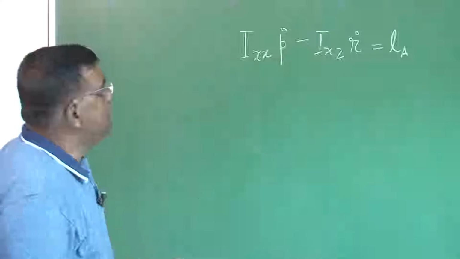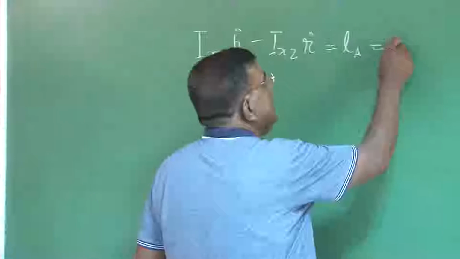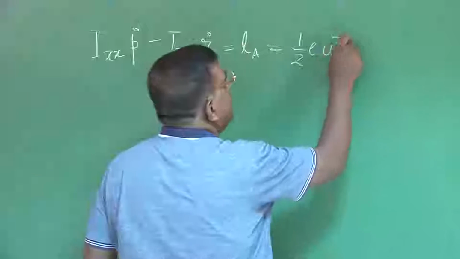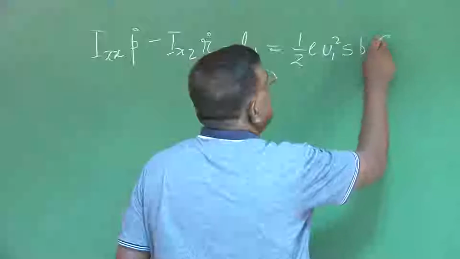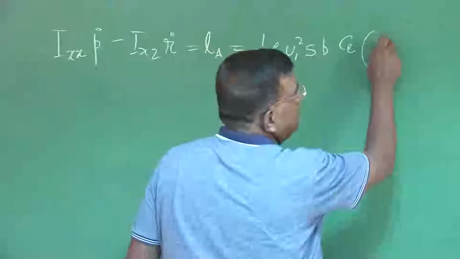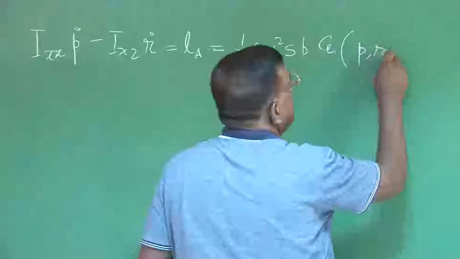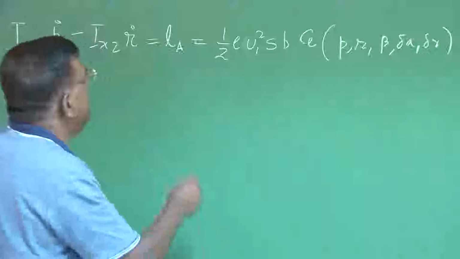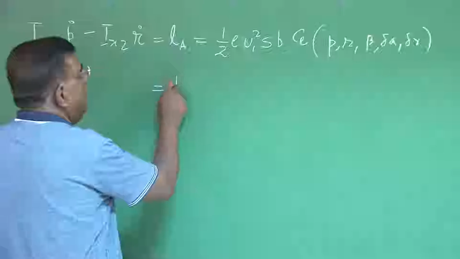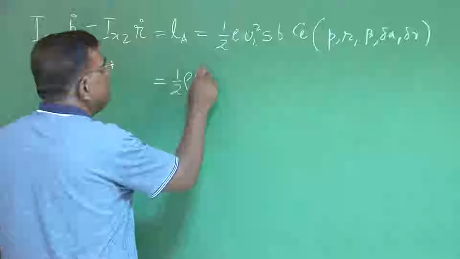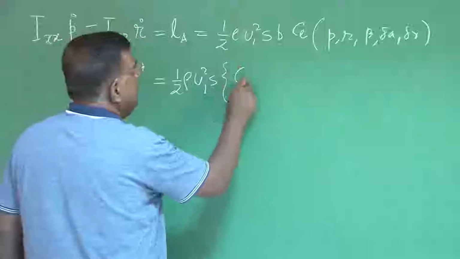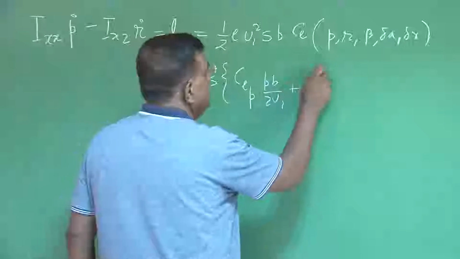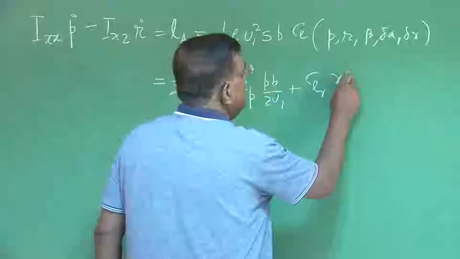Now, we started with this, and we know that LA I can write as half rho V square, or let us say u1 square S B into CL, and CL is a function of P, R, beta, delta A, delta R, and then we wrote it like half rho u1 square S into CL P into PB by 2 u1 plus CLR into RB by 2 u1.